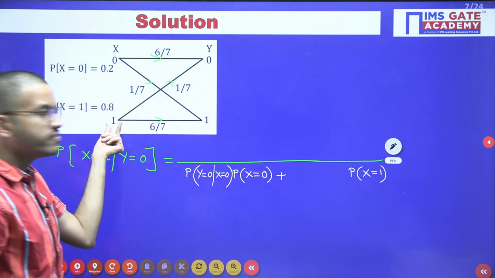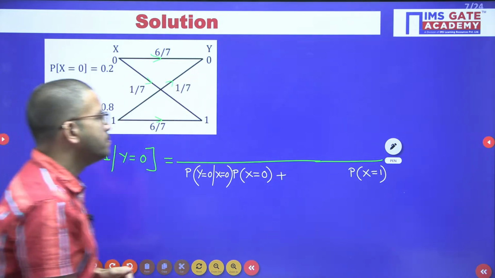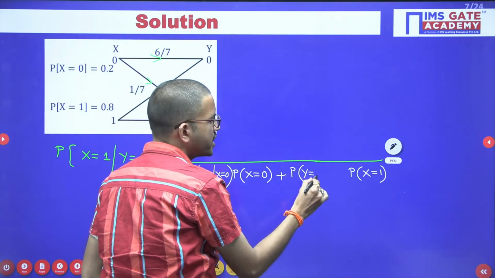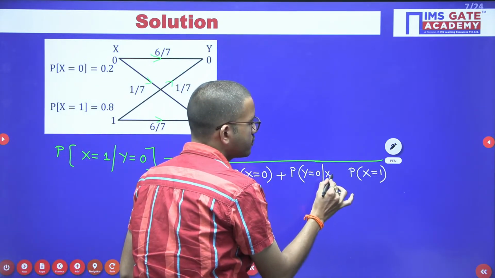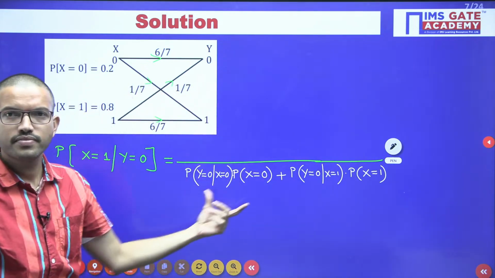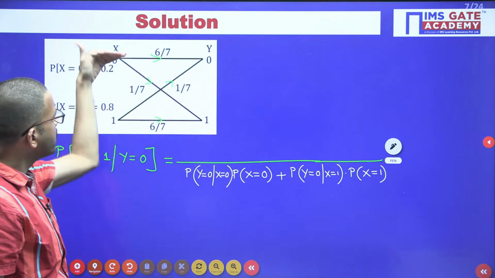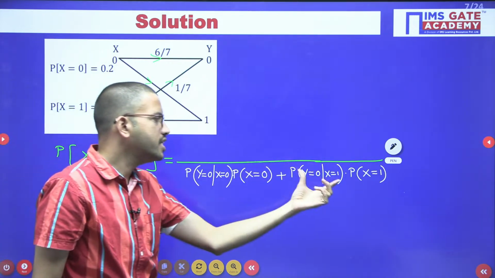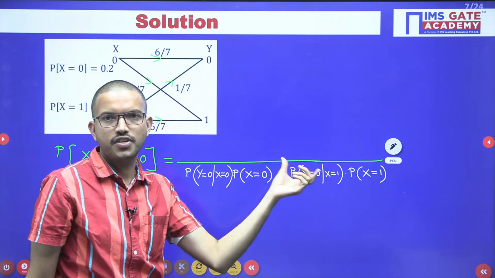Because of this input 1, you may receive 0, so that means the probability that at the output you are getting 0 because of the input x equal to 1. I hope it is clear. This is the total probability: you are receiving bit value 0 because of two input values, either 0 or 1. We have written each combination, and if you add them together, that is the total probability.